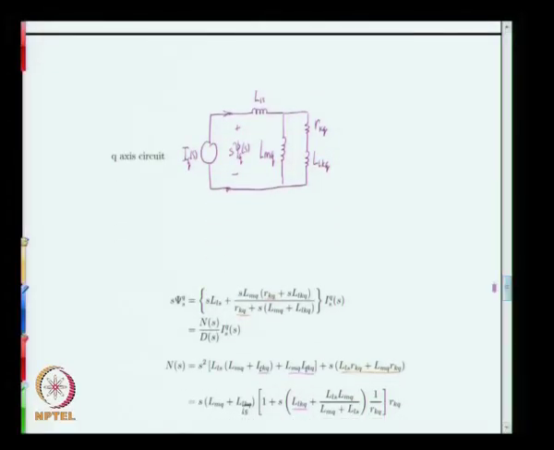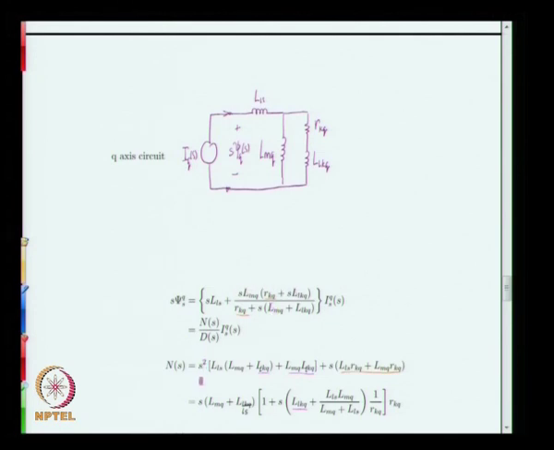Here again we can look at the numerator and denominator separately. The numerator is going to consist of an s square term which comes from the product of these two terms.